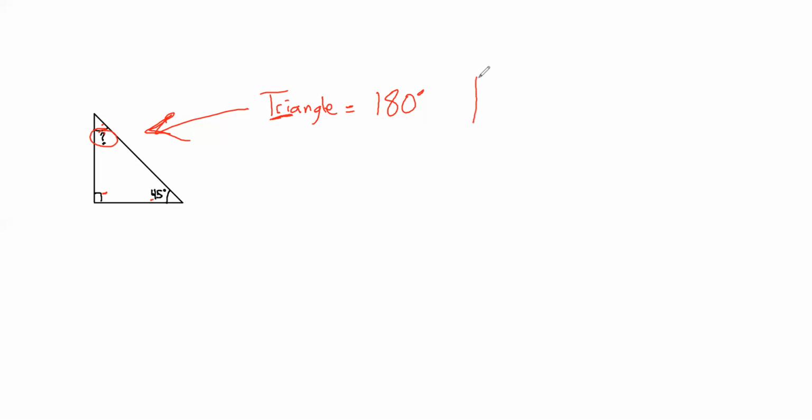This is a 90-degree angle right here. If you put two 90-degree angles together like this, you end up with a straight line. A straight line is 180 degrees because 90 plus 90 equals 180.